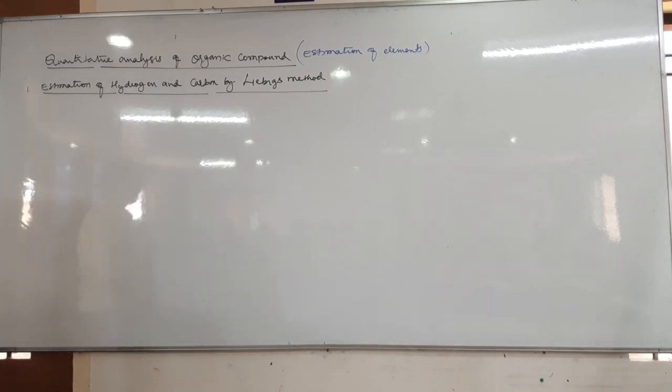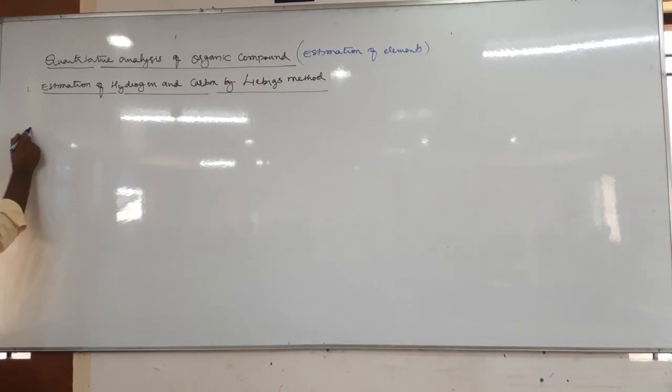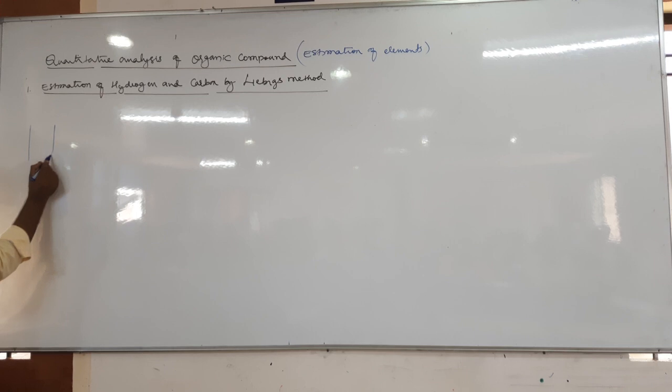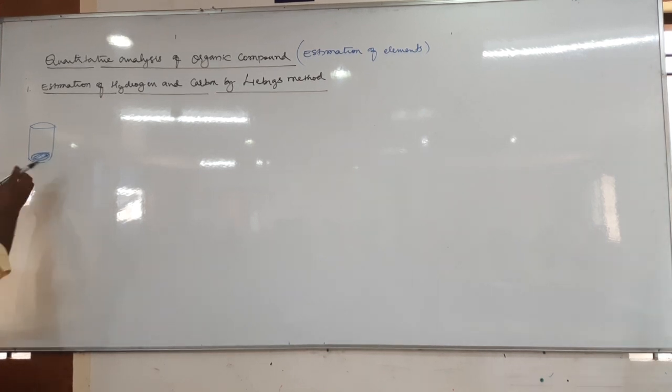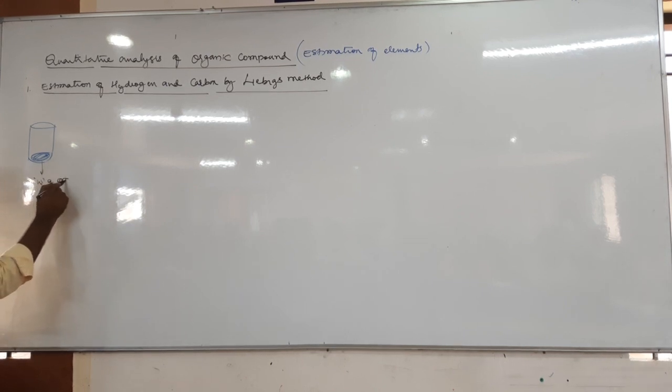So how do you estimate carbon and hydrogen by Liebig's method? In Liebig's method, a known mass of organic compound, let us take W gram, is heated in a test tube with copper oxide, CuO.